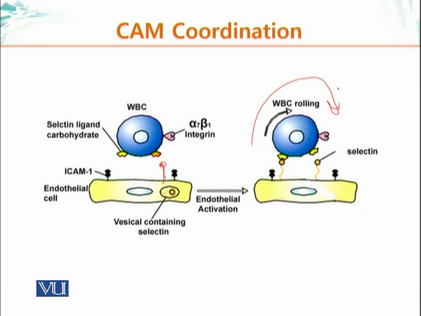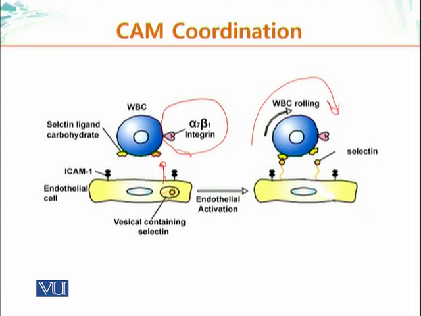rushing through. Ultimately, the binding of selectin to this particular selectin ligand activates a specific type of integrin present on the surface of white blood cells. As we talked about, it is the alpha 7 beta 1 integrin.